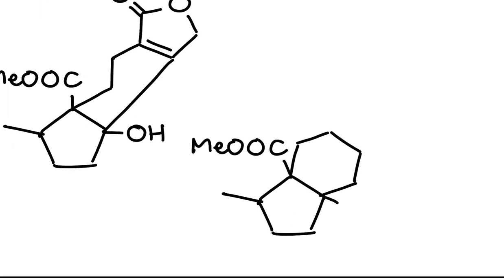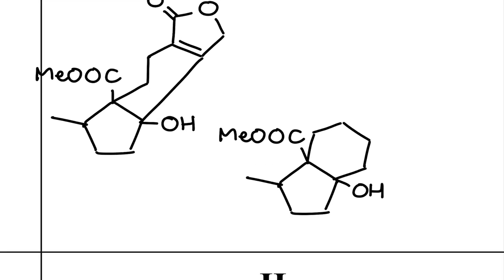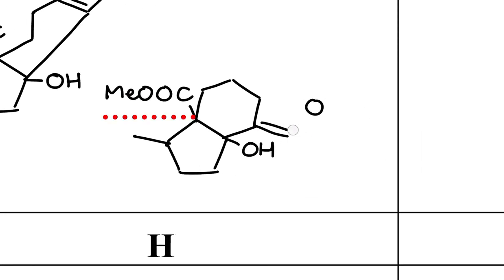And that's our OH right there. Next to our OH, we have our 5-membered lactone, right? It's called a lactone, right? Lactam is the amide. There you go. Now this 5-membered ring looks a bit ugly.